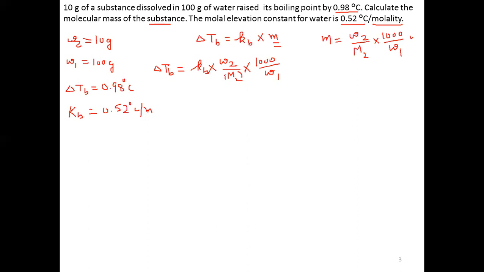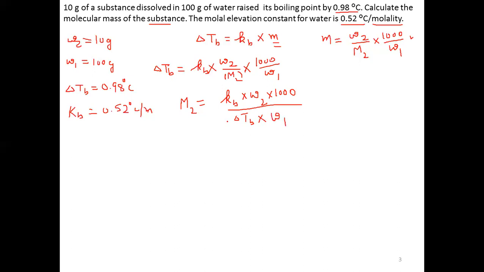That is what we have to find. So we will take it to the left hand side. So M2 is given by Kb into W2 into 1000, divided by delta TB into W1.